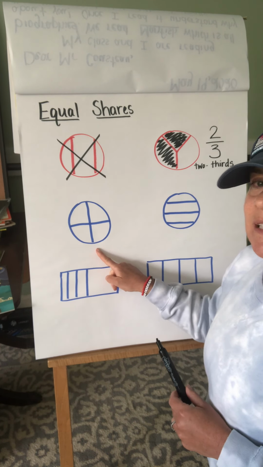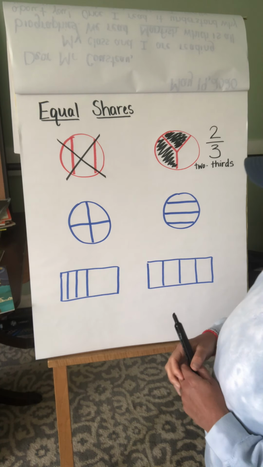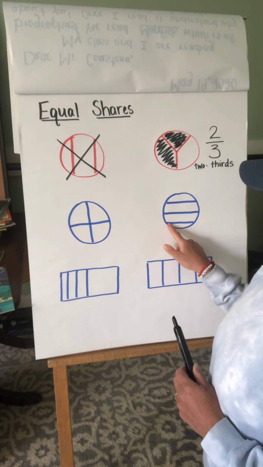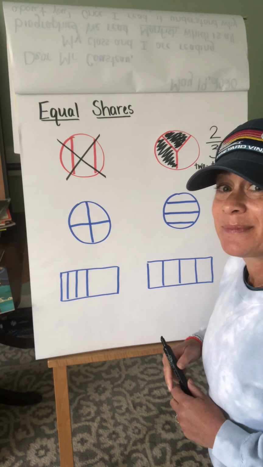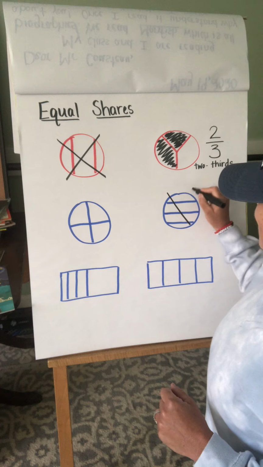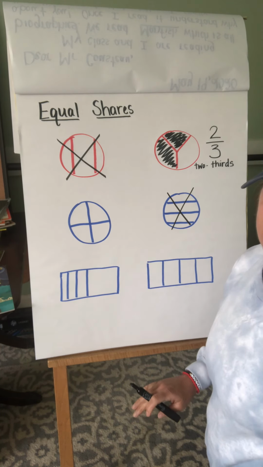The first pizza or the second pizza? Again, think about it. If you got this slice and your brother got this slice, would you be happy? Only if you don't like pizza, right? So this is not a good way to show fourths. This is a great way to show fourths.